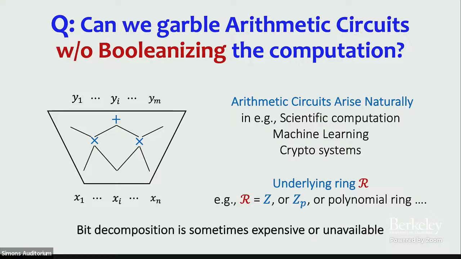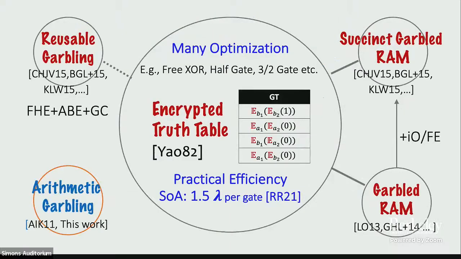And why? Well, there are multiple reasons. Sometimes bit decomposition could be very expensive, and it could actually be impossible to do in certain settings. But what motivates me more is that it will force us to deviate from the encrypted truth table method, because the ring may be exponentially sized.